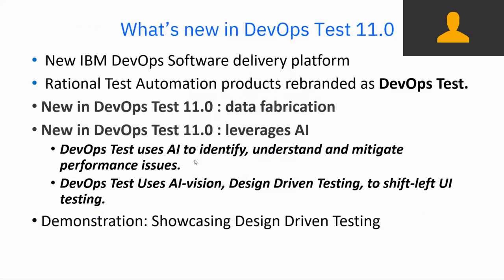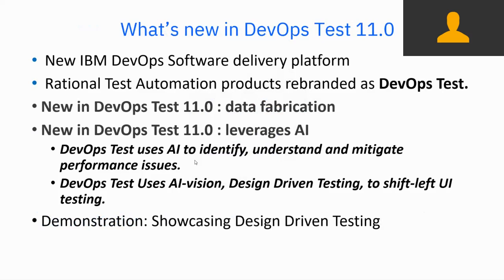For instance, the Rational Test Automation Server and Rational Test Automation products are all being rebranded to adopt a new DevOps Test name. It's not a big change, but it changes little things. So I will comment on that, and then we'll switch into the actual new version of the DevOps Test platform. That is version 11.